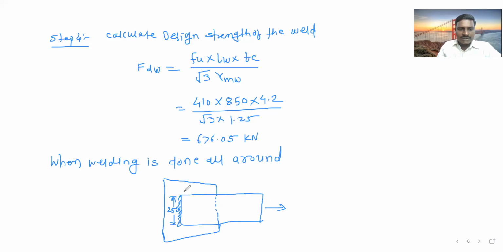Everyone draw the sketch. This is the 300. Again, this is the 300. And now we have to weld all sides, which means this side we have to weld again, that is the 250. Everyone getting this?